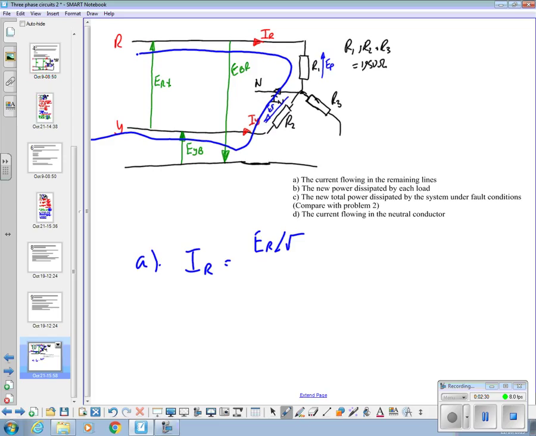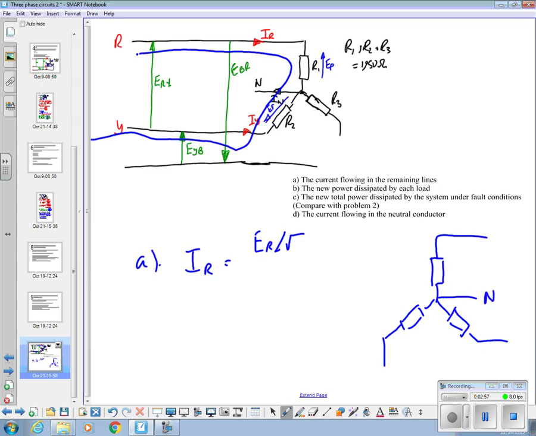Why have you done root 2? No, you can't do that. This end is still a 3-phase generator connected in star, and that's going off to your load. Your neutral is connected to there.